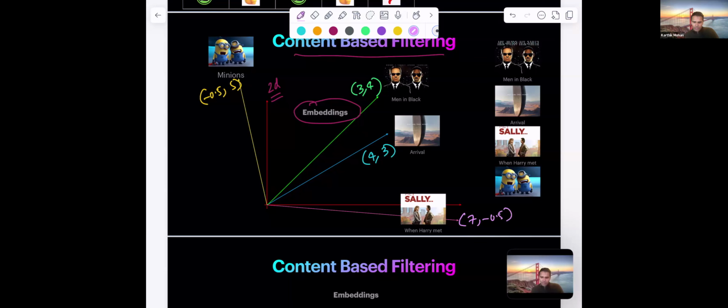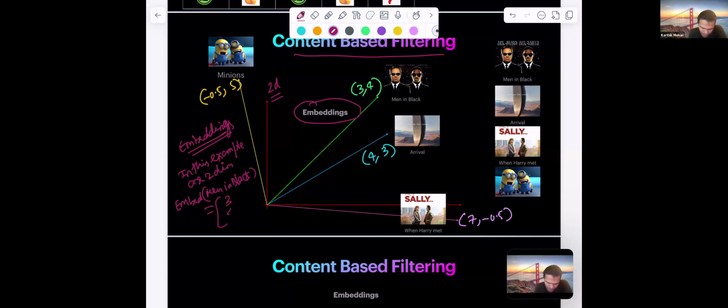Okay, so the embeddings in this example are 2-dimensional, right? So from this figure, we'd say the embedding of Men in Black equals 3, 4.